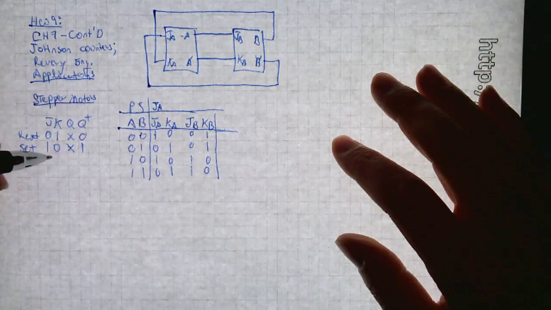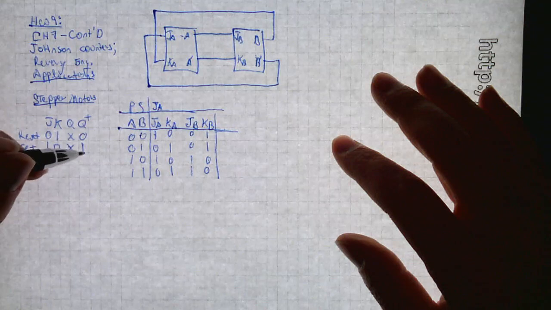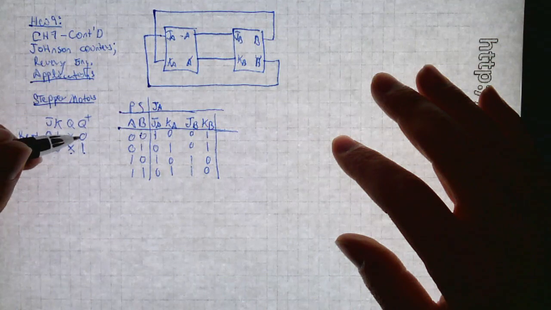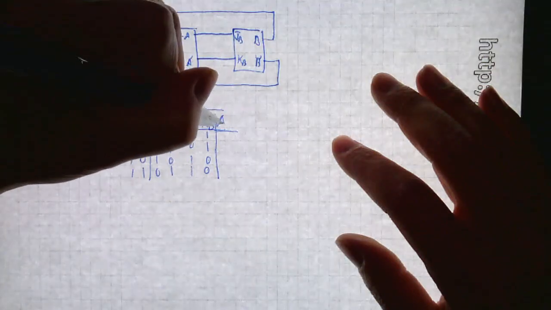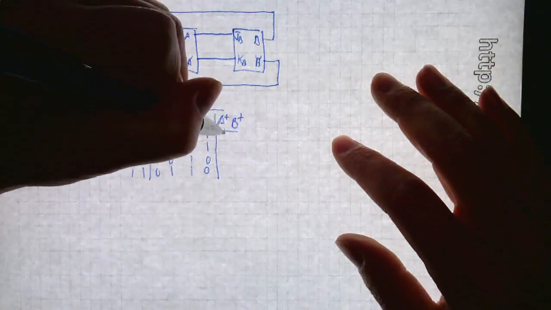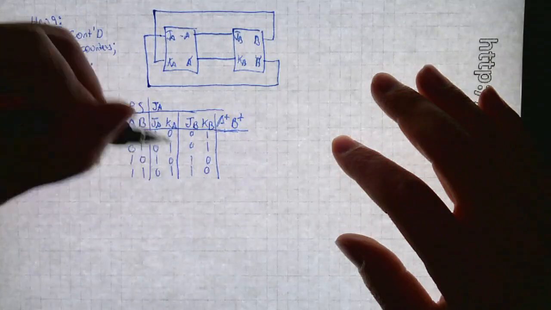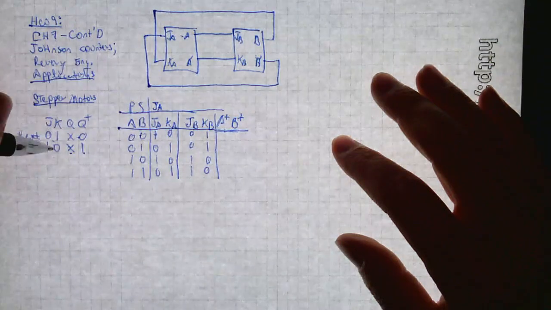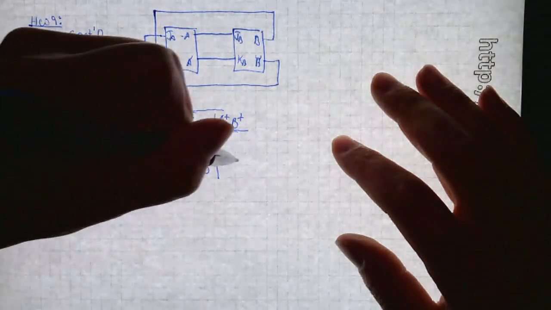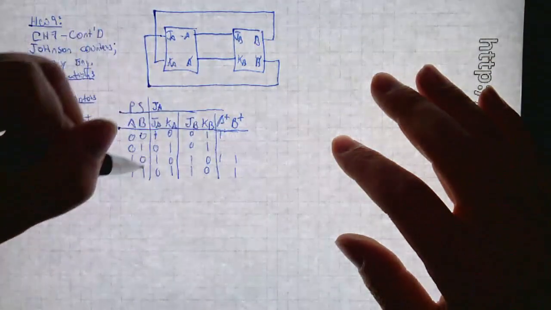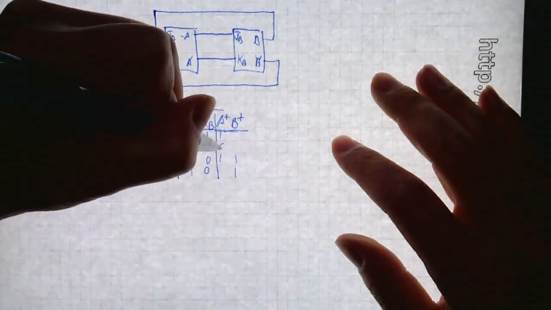In other words, if you set it, I don't care what the present state is, next state's a 1. If you reset it, I don't care what the present state is, the next state's going to be 0. Reset makes it 0, set makes it 1, and that's it. That's how JK flip-flops work. So if I want the next state, A plus and B plus, all I have to do is figure out where the 1, 0s are, and there's the 1, 0 here, and here, and here, and all the rest are 0, 1, which means everything else is 0.